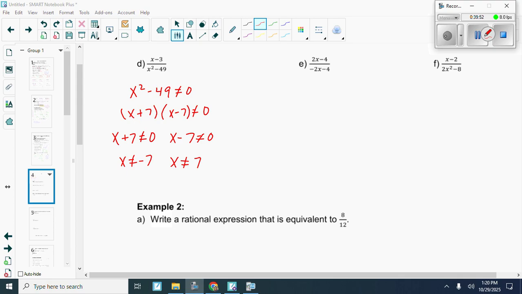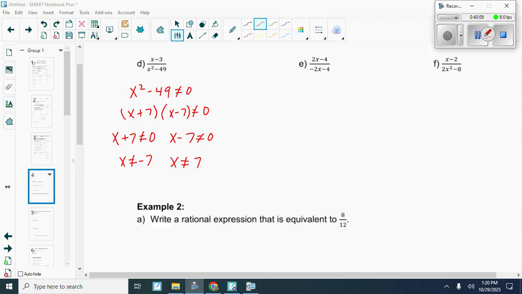This is showing all the steps, where you set each factor not equal to 0 and then you solve for x. If you're not sure, just go back to taking it back to each individual step.